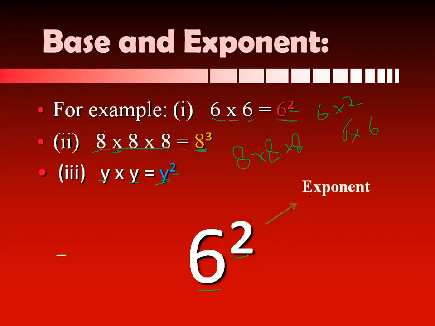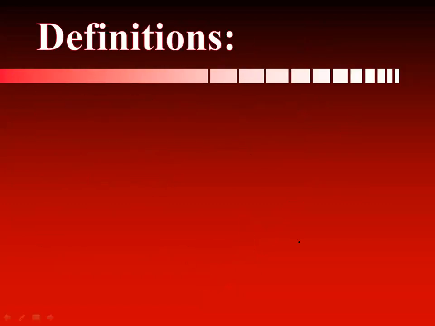This is called the exponent and this 6 is called the base. So what is base? Base is the number that is being multiplied, and how many times your base is multiplied here is 2, and that will be the exponent. Next are the definitions. Now I'm going to tell you the definition of base and exponent.